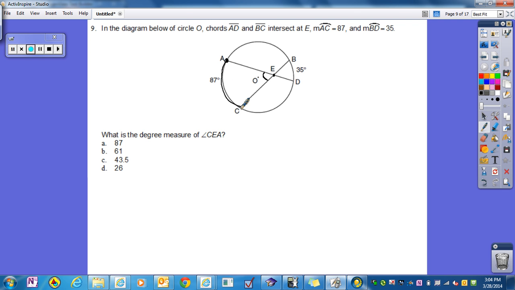So we have to add arcs AC and BD and then divide by 2. So 87 plus 35 divided by 2 equals the measure of angle CEA. So first 87 plus 32 is 69.